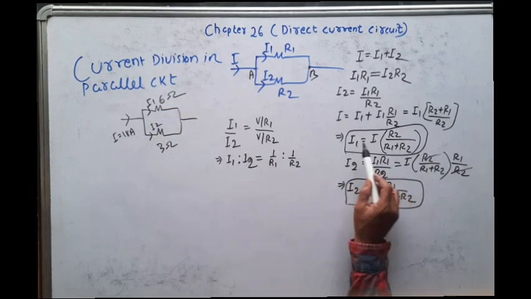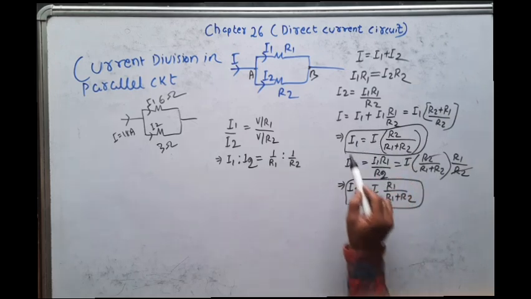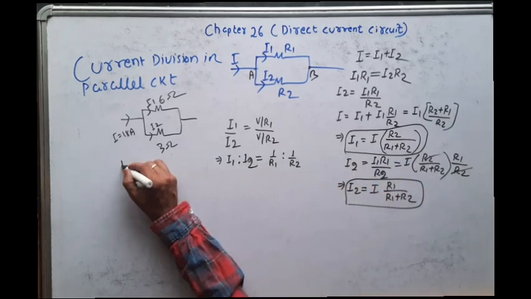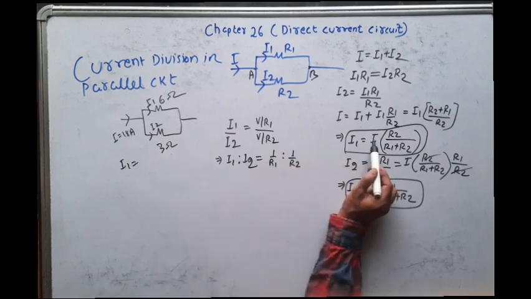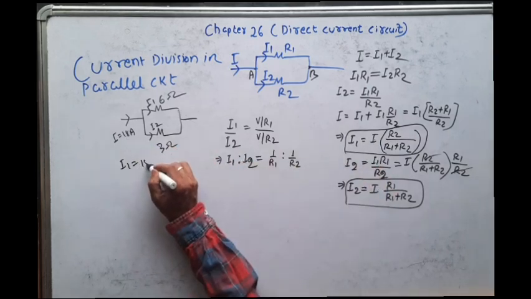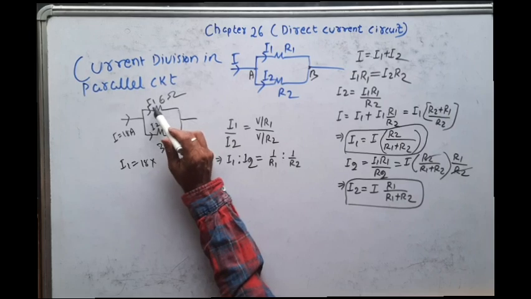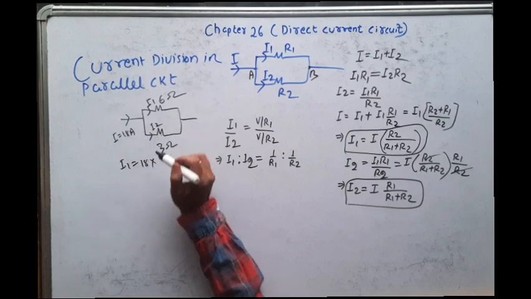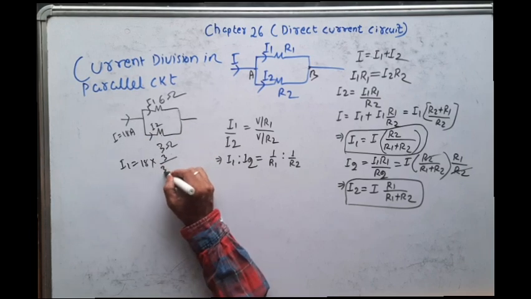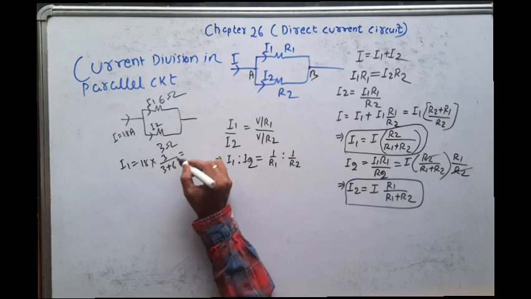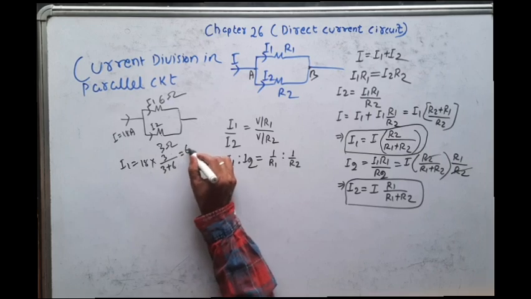Then according to the current division formula, what is I1? I1 is 18 into the opposite side resistance. When you find the current in the first branch, you have to take the total current into the opposite side resistance, that is 3 by 3 plus 6, which is equal to 6 ampere.